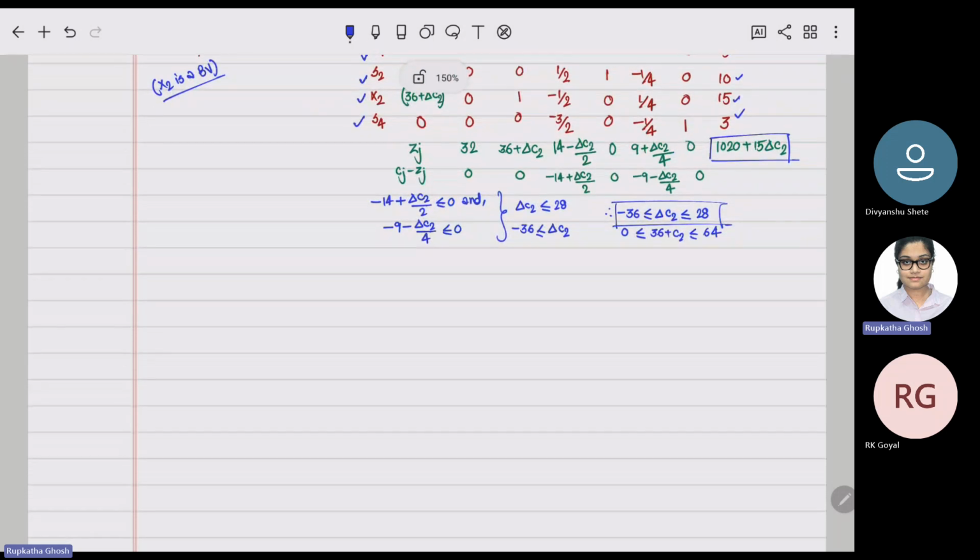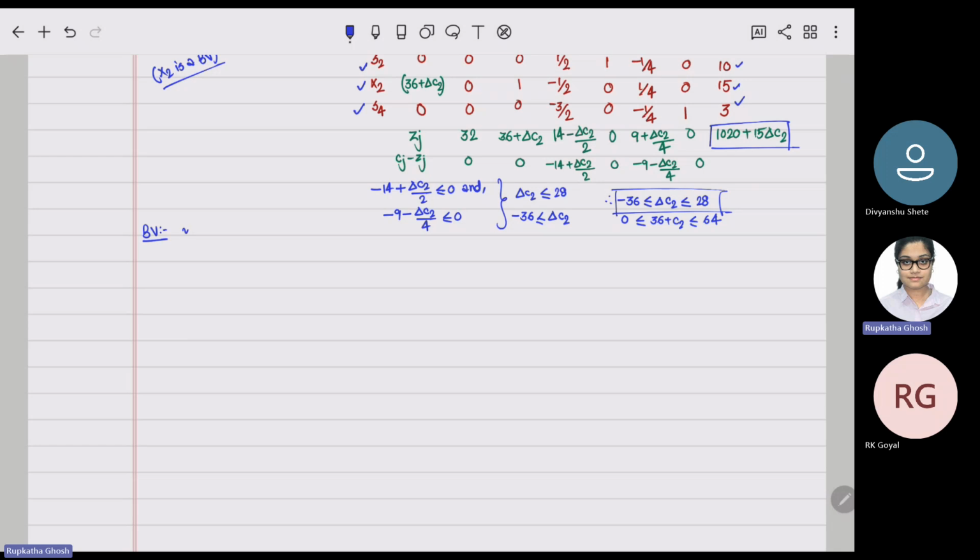So always remember this, it has to be emphasized no matter what: within the allowable range, if you have a change in the coefficient of a basic variable, there will be no change in basis, no change in the values of the basic variables, but a change in objective function value.